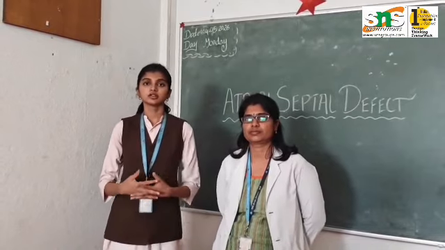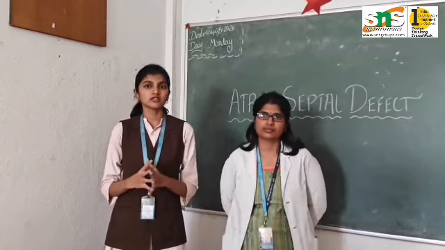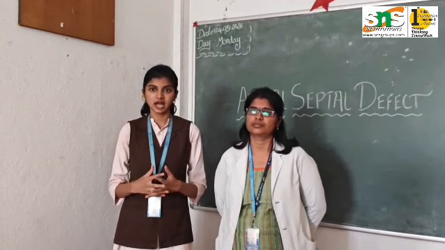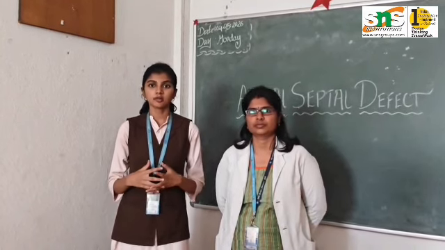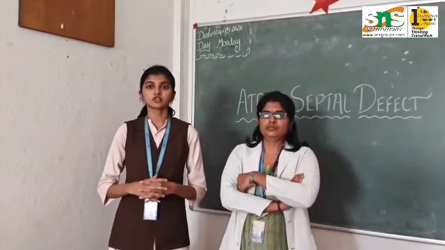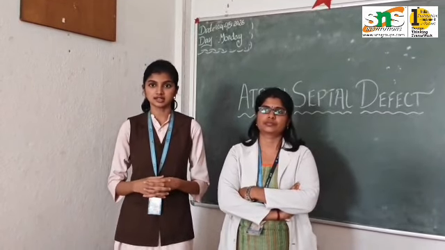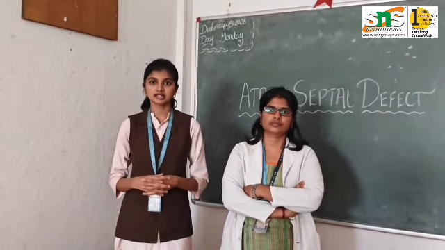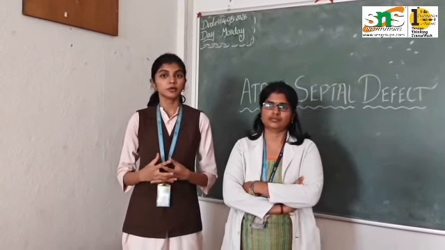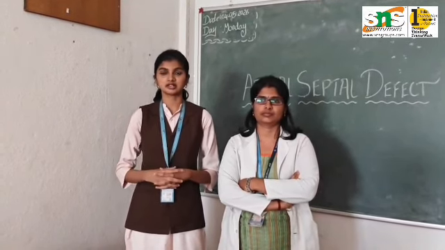Moving on to the causes, as to what factors lead to ASD. The exact cause of ASD is not always known, but it mainly occurs due to abnormal development of the fetal heart during pregnancy. The common causes and risk factors include genetic abnormalities and chromosomal disorders such as Down syndrome, family history of congenital heart disease, maternal infections during pregnancy, especially rubella, maternal alcohol consumption or smoking, poorly controlled maternal diabetes, and exposure to certain drugs during pregnancy.